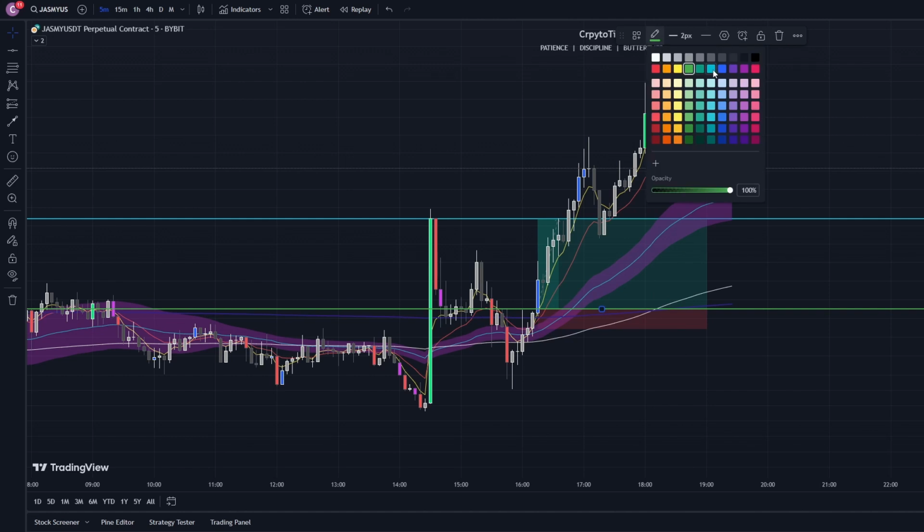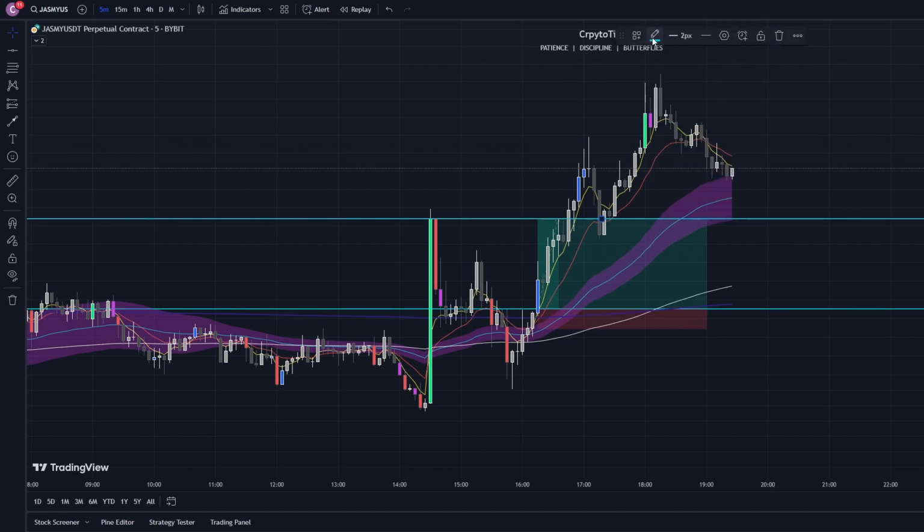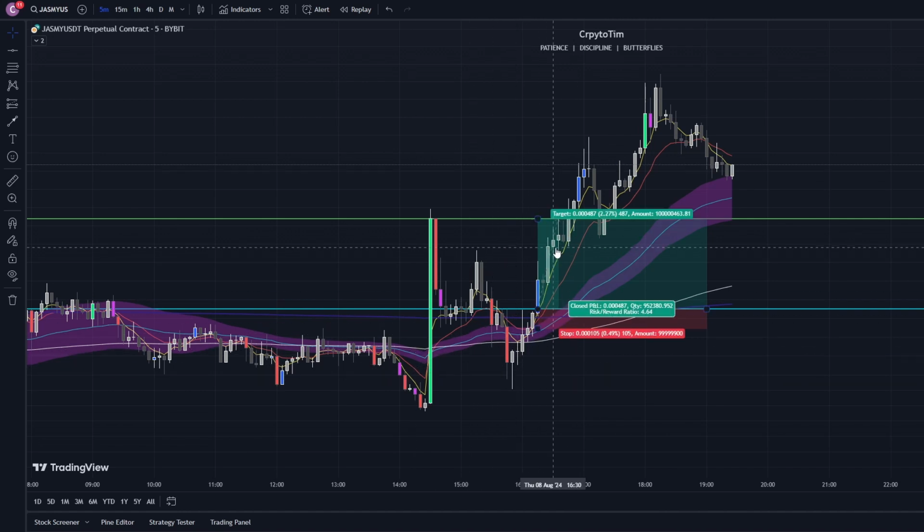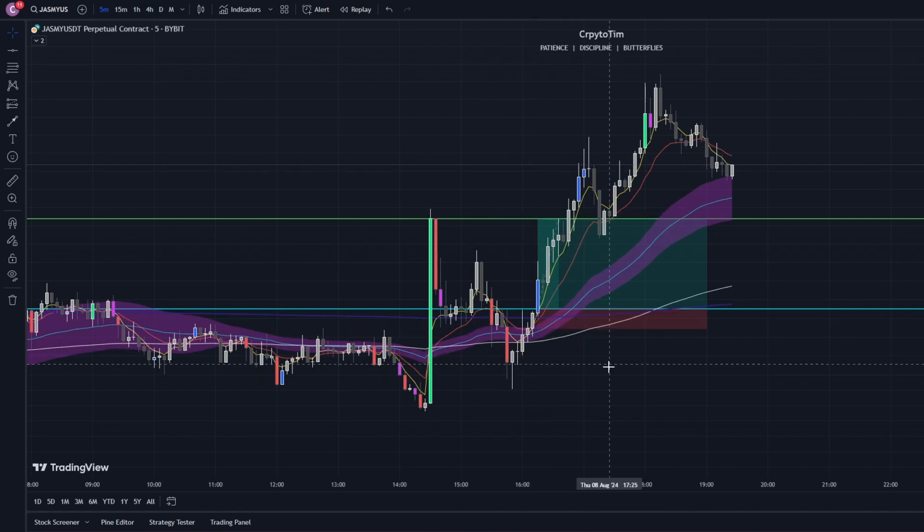I see I did switch up my colors over here. Let me fix it real quick. So my entry was set after the slicing of the 800 EMA and crossing above every single EMA, crossing of the 5 and 13. So it was pretty clear we're in a strong move back up. So that's the entry.